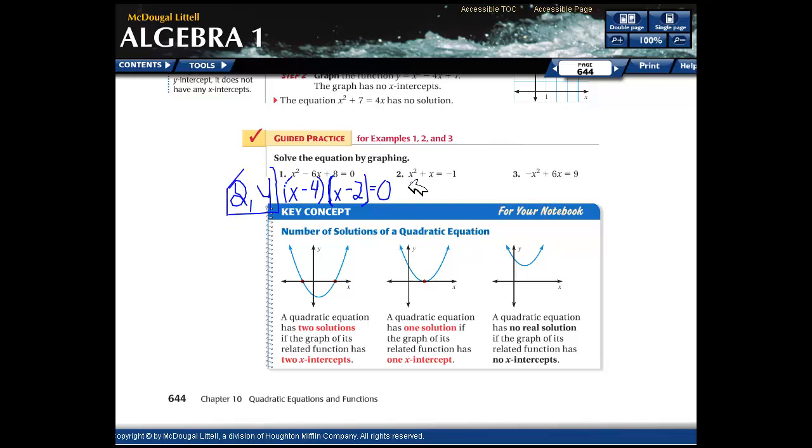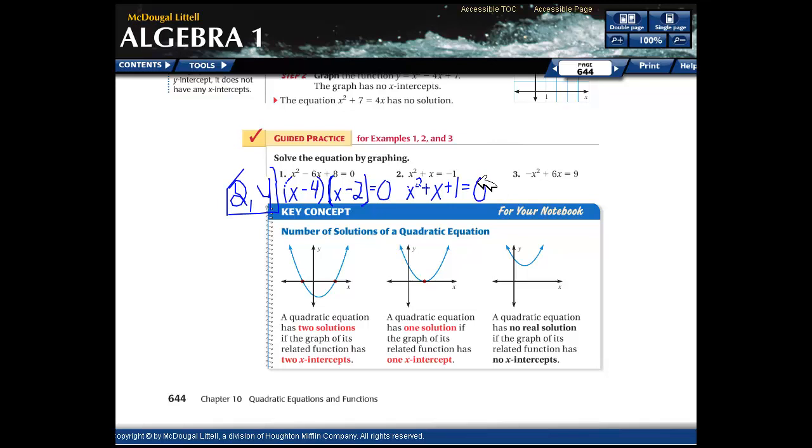This one, standard form, I would have x squared plus x plus 1 equals 0. There is a problem whenever you're looking at this.